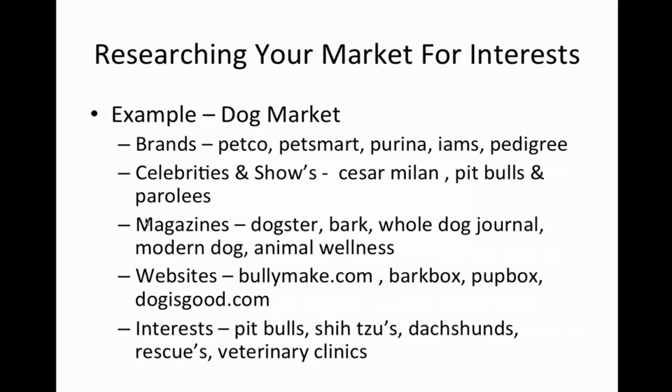Celebrities and shows. Cesar Millan is the Dog Whisperer. Pitbulls and Parolees is a popular show that's on TV. Anybody that's interested in those are probably dog lovers, okay? Magazines: Dogster, Bark, Whole Dog Journal, Modern Dog, Animal Wellness. These all came from a Google search. So did the websites.